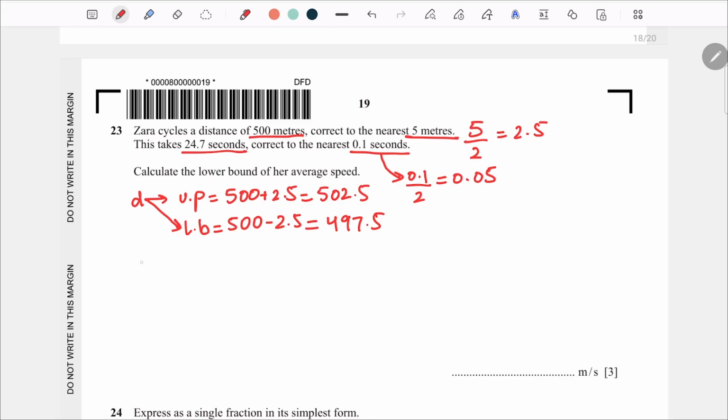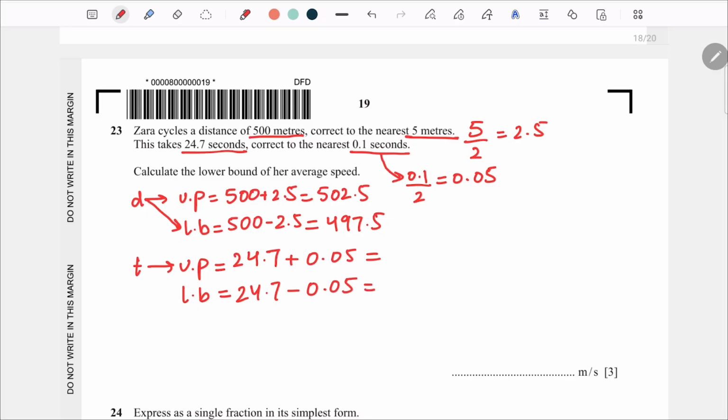Then to find the time, the upper bound of time will be found by adding 0.05. 24.7 plus 0.05. And the lower bound will be found by subtracting 0.05. So 24.7 minus 0.05.